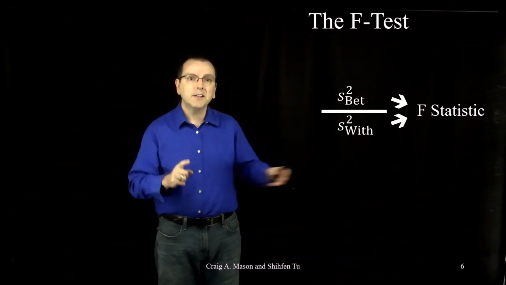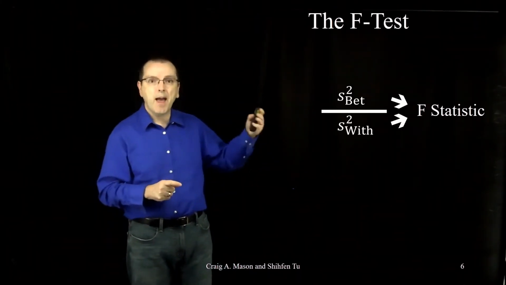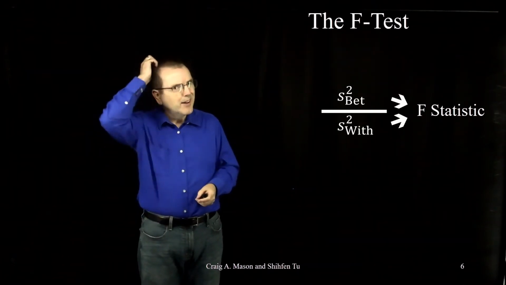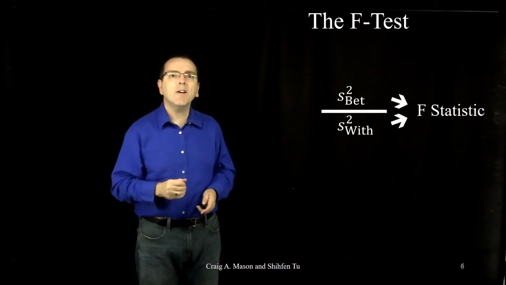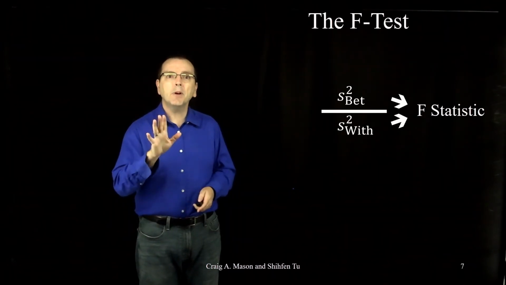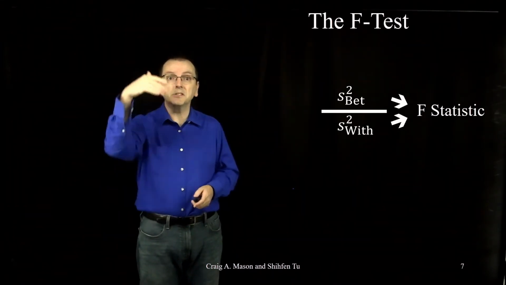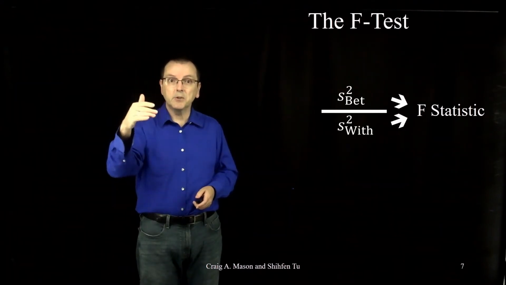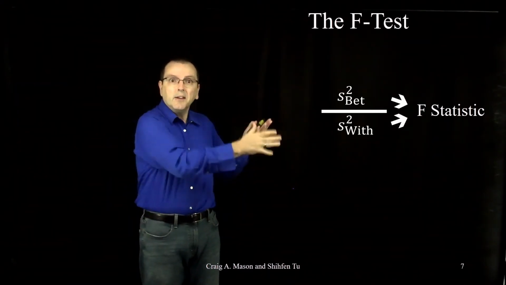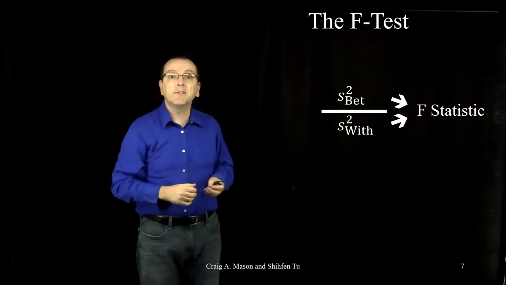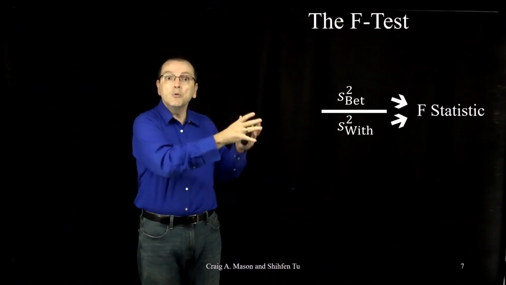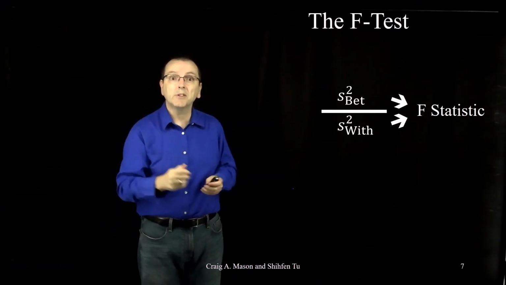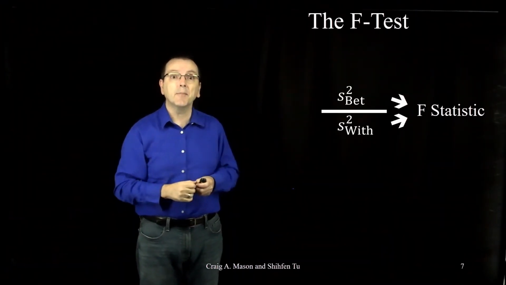To do that, let's take one more step backwards and ask ourselves, what's the generic formula for calculating the variance? Now remember, variances are equal to the sum of squares divided by the degrees of freedom.